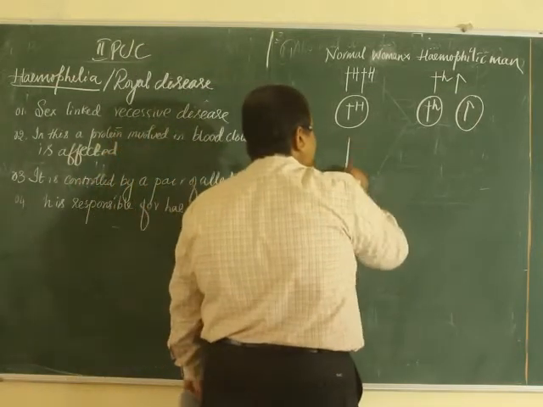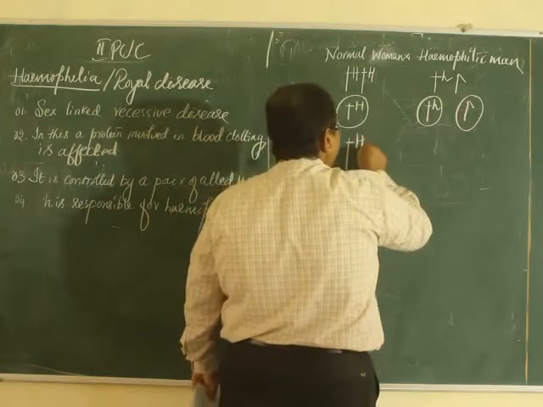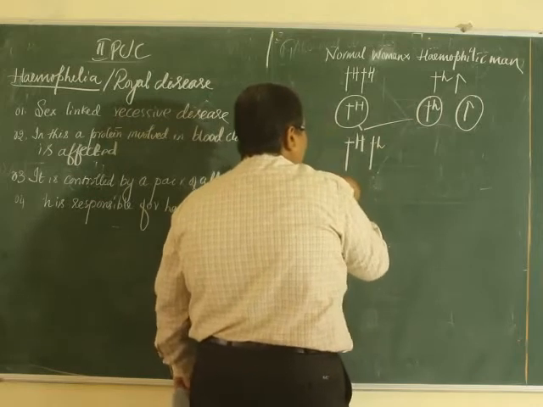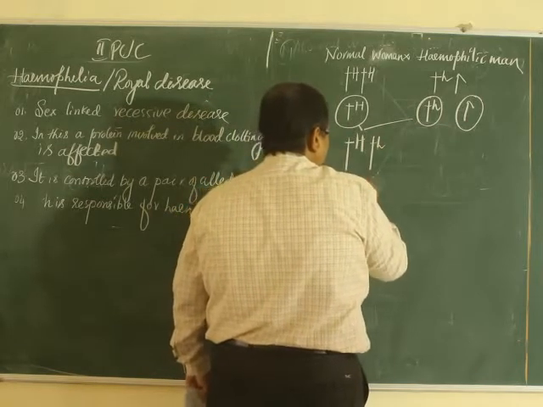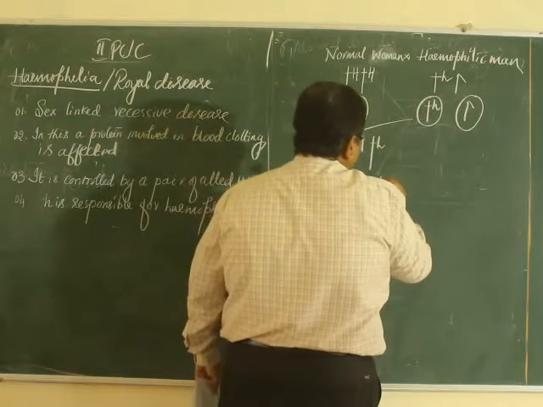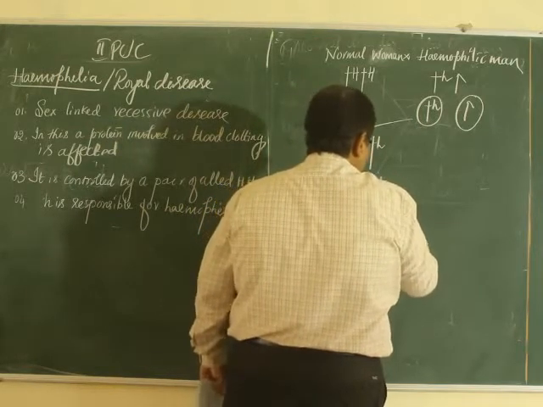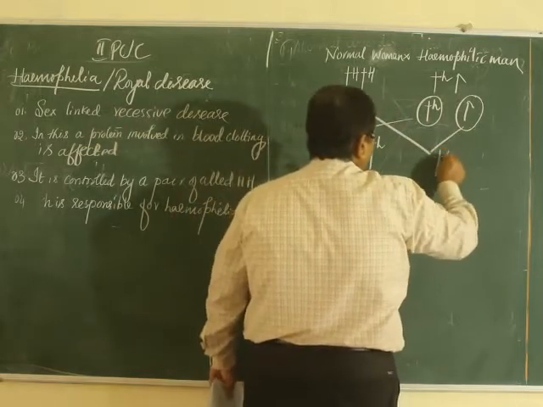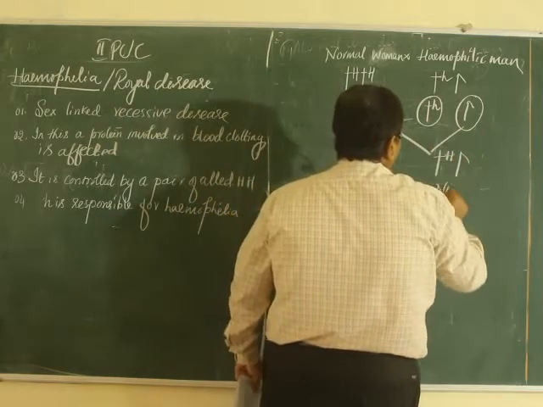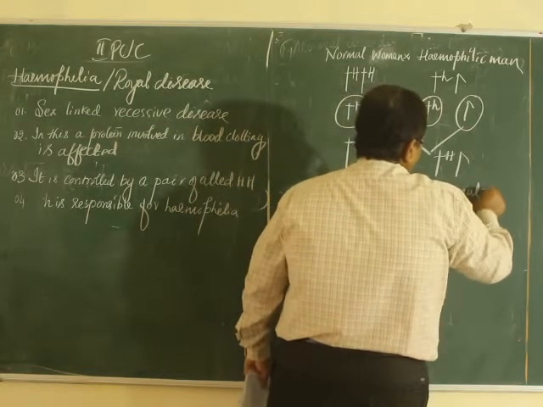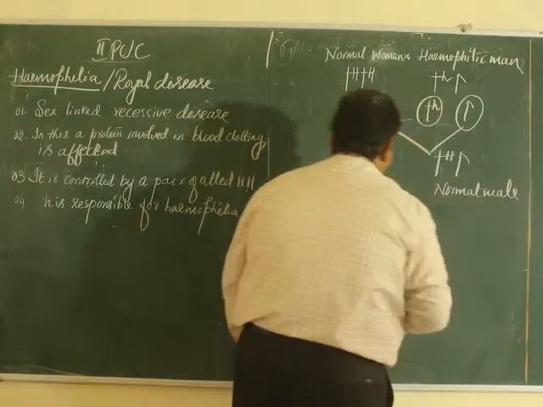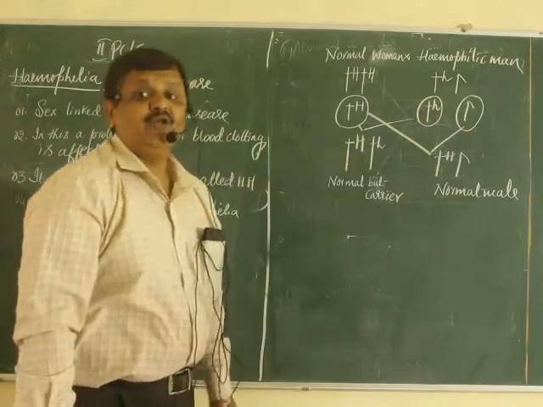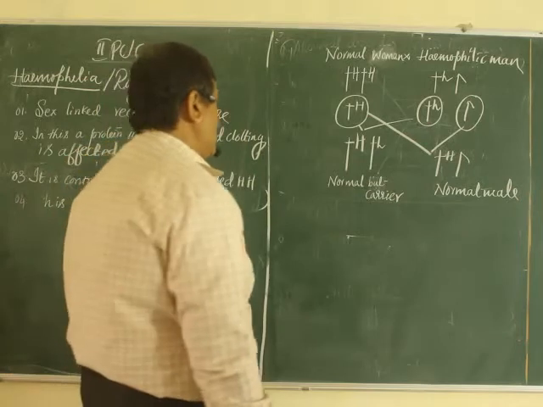Capital H may fuse with small h, giving a normal but carrier female, or capital H may combine with Y, giving a normal male. Phenotypically all are normal. Although she carries the disease gene, she will not have the disease.